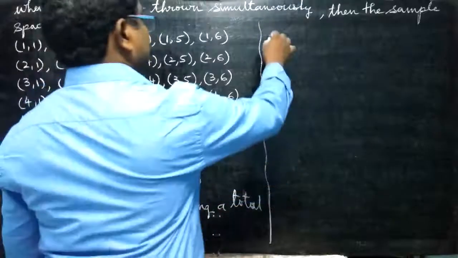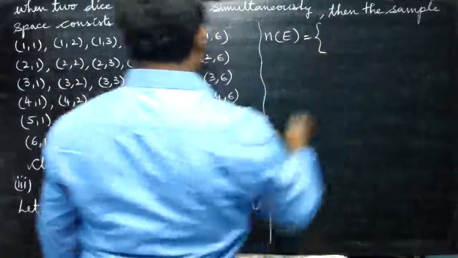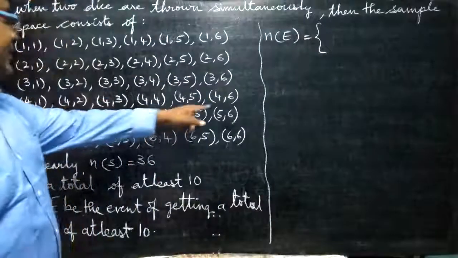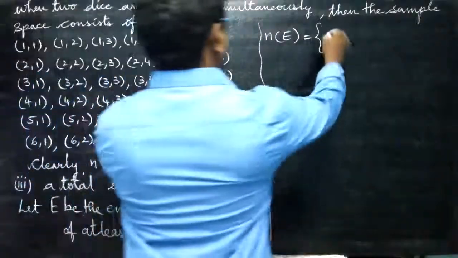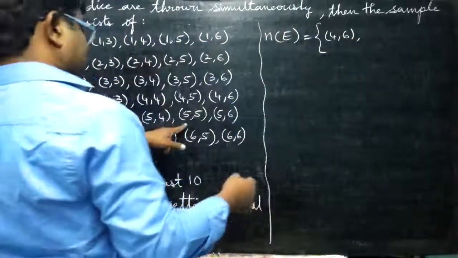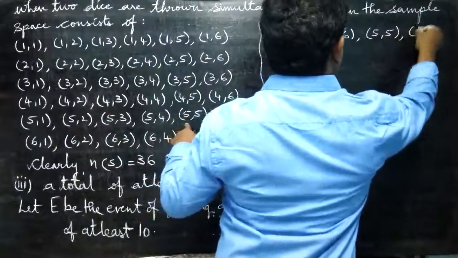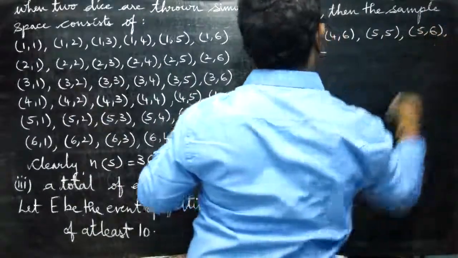Now n of E: 10 we should get here, 4 comma 6. Next 5 comma 5, 5 comma 6 also, 11 also no problem.